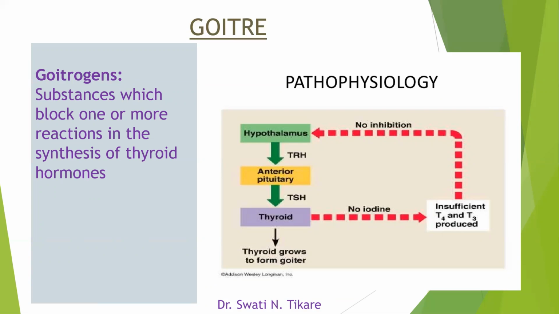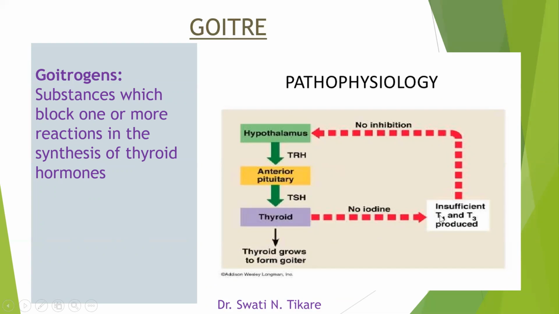So you know this pathway of negative feedback inhibition. Normally, the hypothalamus produces TRH, thyrotropin releasing hormone, acting on the anterior pituitary. This produces TSH, and this TSH acts on the thyroid to produce the hormones. If T3 and T4 reach the normal level, they inhibit the hypothalamus and the anterior pituitary.